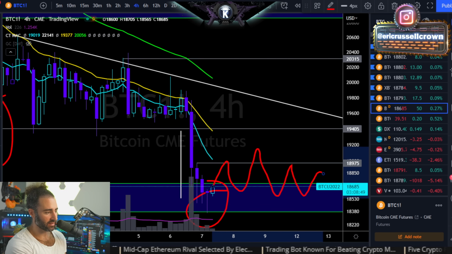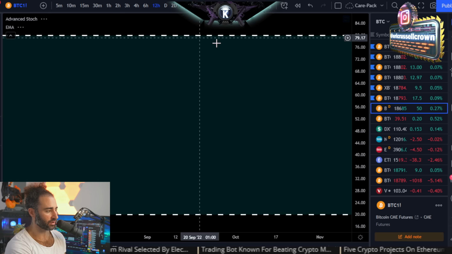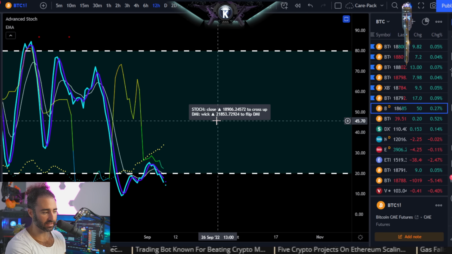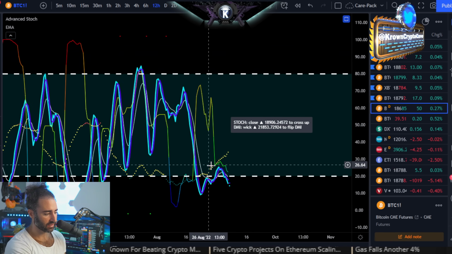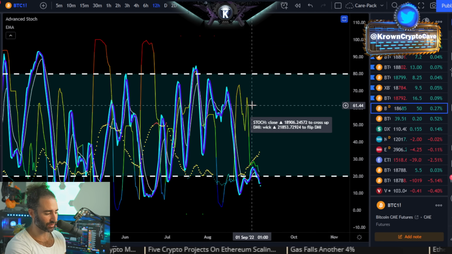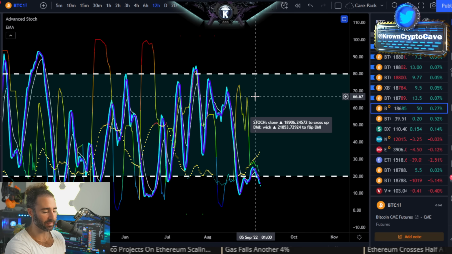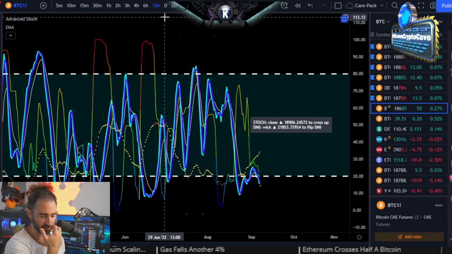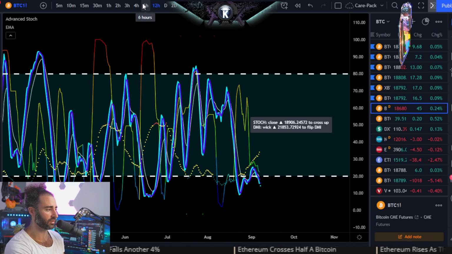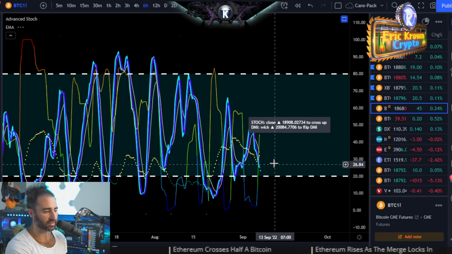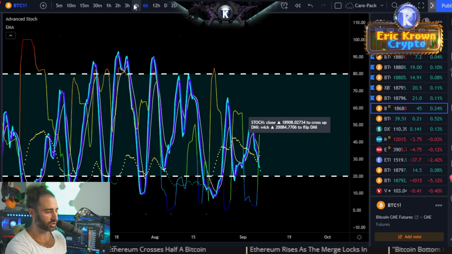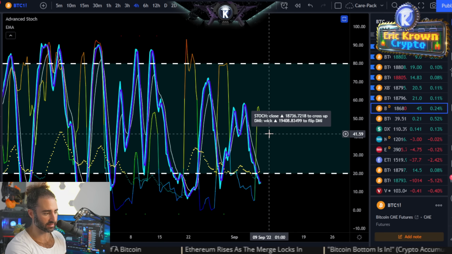If we match that up with stochastic momentum, we'll notice on the 12-hour, the pivot is at 18,900. Again, we're already in the critical zone, so it's very difficult to keep momentum consistent to the downside at these levels, at least in the short term. 6-hour is also pivoted at 18,900, and the 4-hour is pivoted at 18,750.